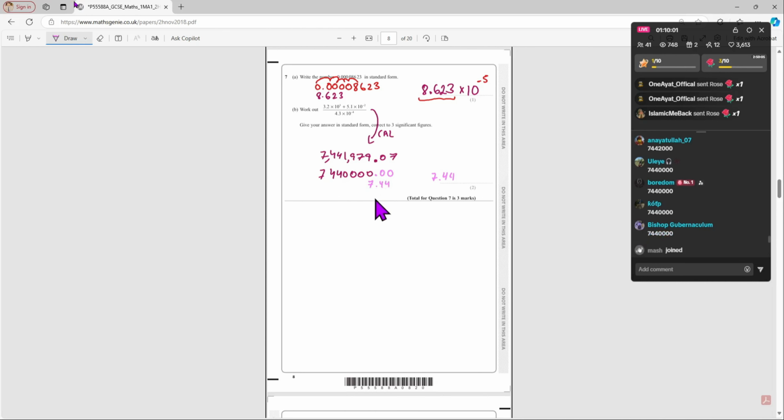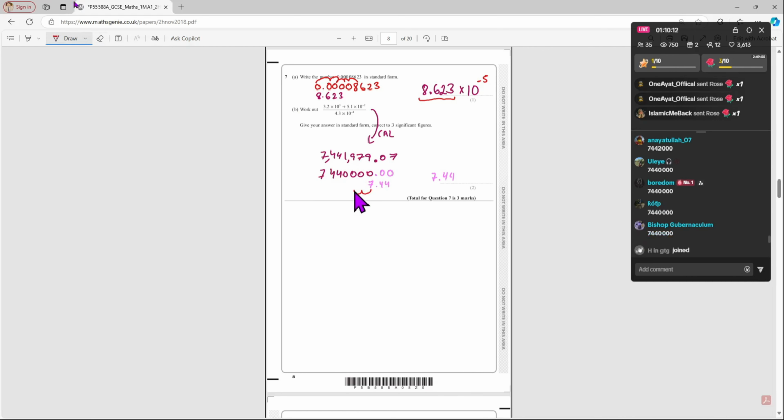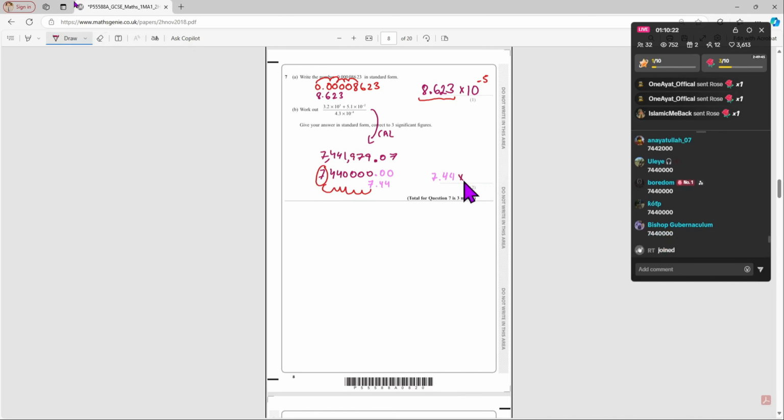And now we have to work out how many spaces we have to move our 7 to match this number over here. So we know that we have to move 1, 2, 3, 4, 5, 6 spaces to get to this 7 over here. And then you know that it's going to be times 10 to the power of 6, okay?